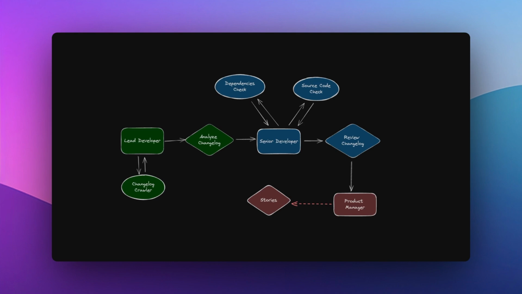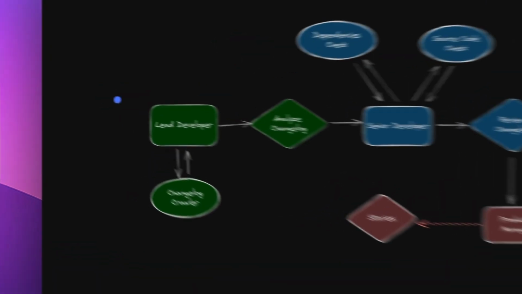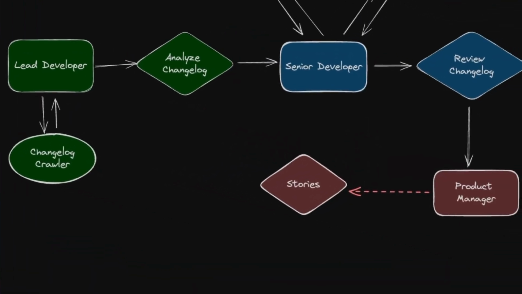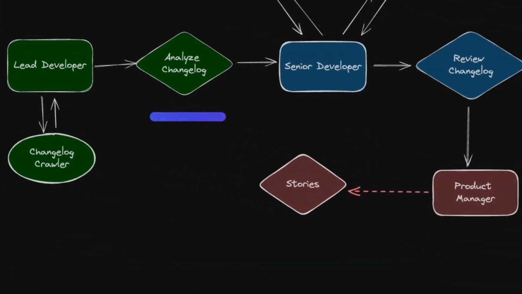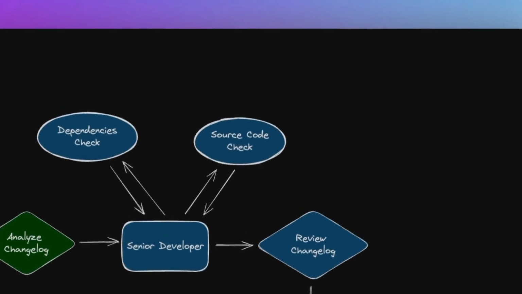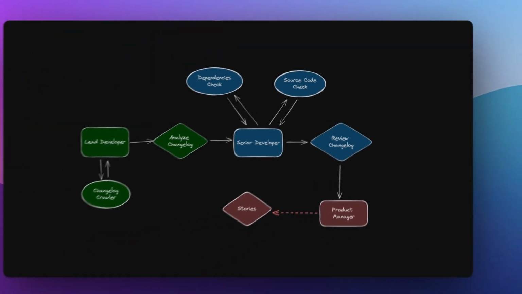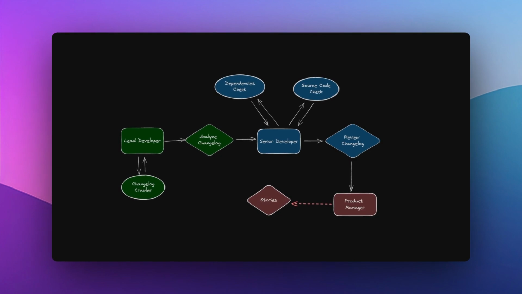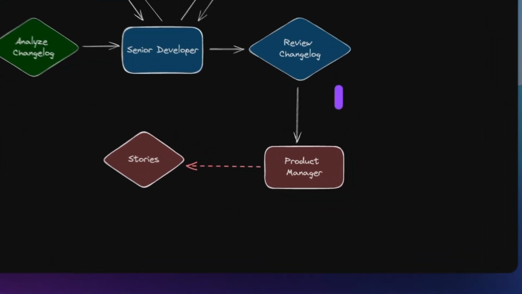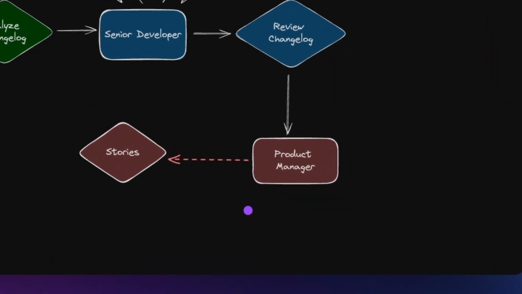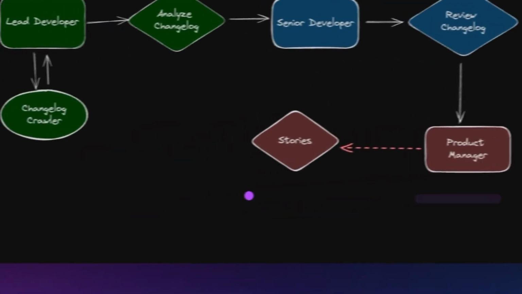In this case, we split the developer agent into a lead developer agent, who is specialized in analyzing the changelog, then passes its findings to the senior developer agent to analyze the source code and decide if the dependency needs to be updated, and if so, whether any source code needs to be changed. Finally, we pass the findings to the product manager agent to write backlog stories.